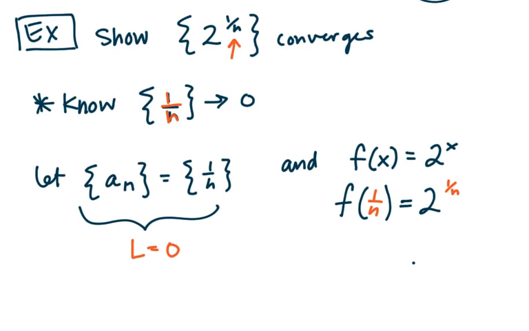And then by our definition, that needs to equal the function evaluated at that limit, which is 0. So this would be 2 to the 0, and 2 to the 0 is 1.